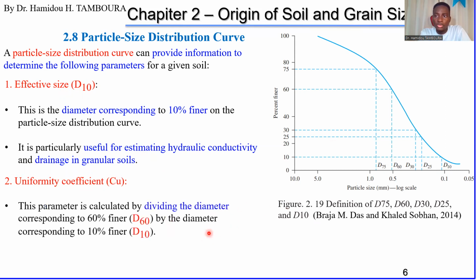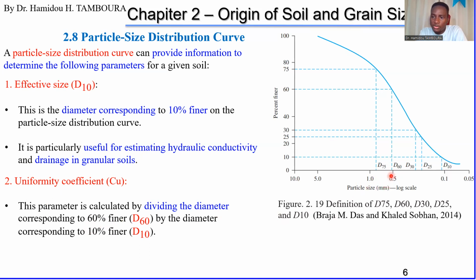What is this coefficient? For the uniformity coefficient, we take D60 and D10. You know D10. D60 is the same as D10, but this time for 60% of the particles, 60% finer.